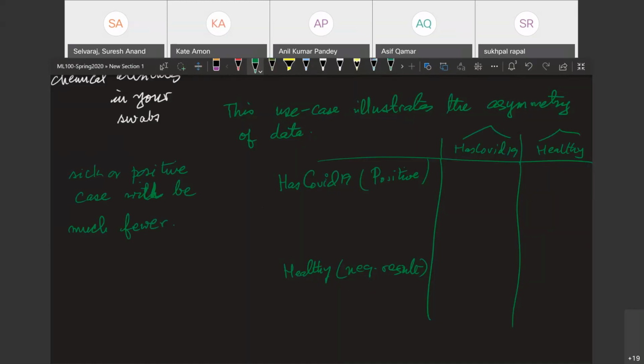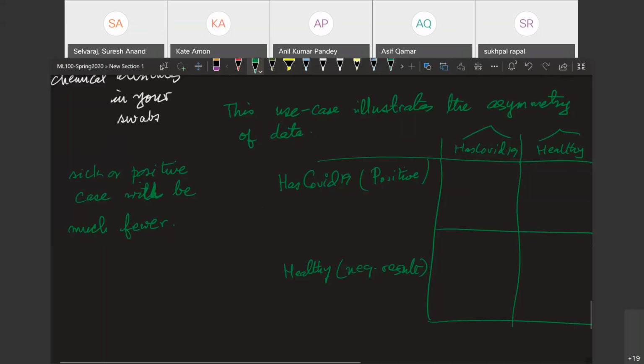Now, this seems obvious, but it has quite a bit of implication that I would like to highlight. So now, let's take this example. Let us say that, God forbid, I hope the test is not inaccurate, but it will have some level of inaccuracy. No test is ever perfect, right?